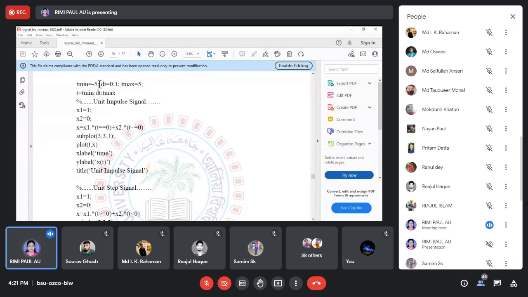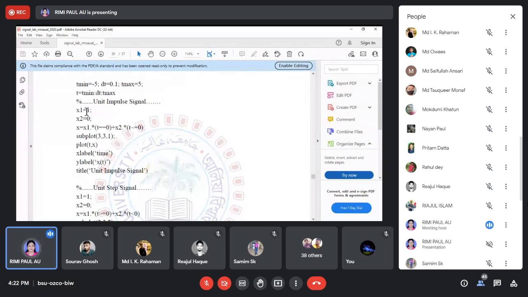I'll show you the command window again. So t is equal to t min : dt : t max. Complete. Now percent, unit impulse signal. Percent means a comment. It will not work as programming. It's just a statement. To represent a statement, I have used percent here.